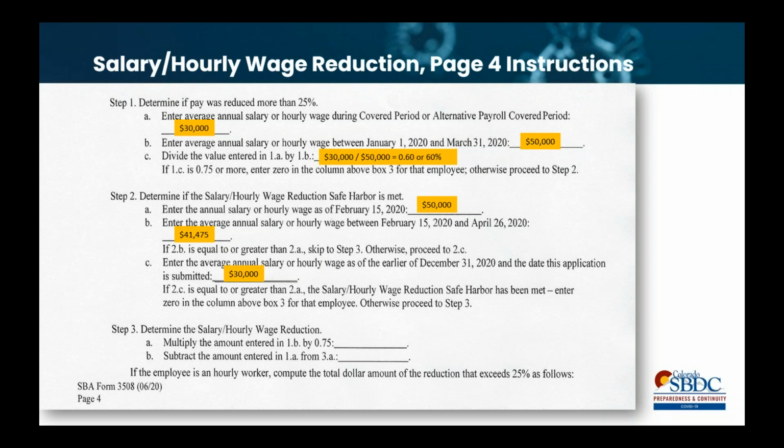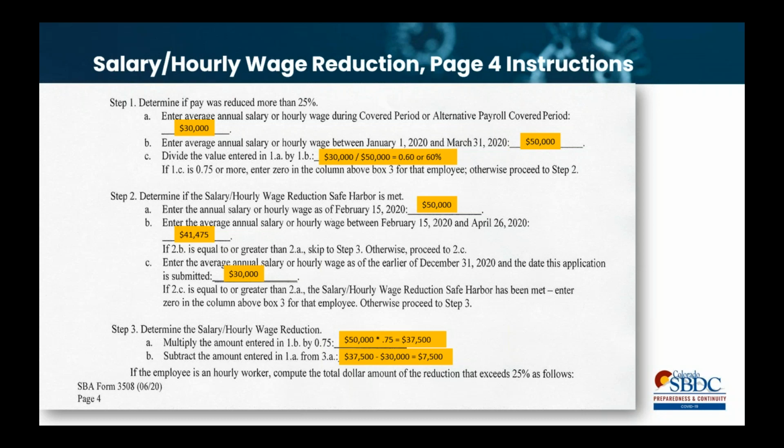In item A of step 3, we will multiply Bob's former salary of $50,000 by 75%, yielding $37,500. This is the amount that we could have reduced Bob's salary to without suffering a penalty in our forgiveness calculations. In item B, we will subtract Bob's new salary of $30,000 from $37,500, yielding the amount by which we will have reduced Bob's salary in excess of 25%, which is $7,500.